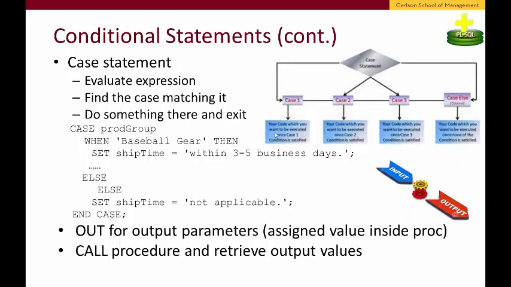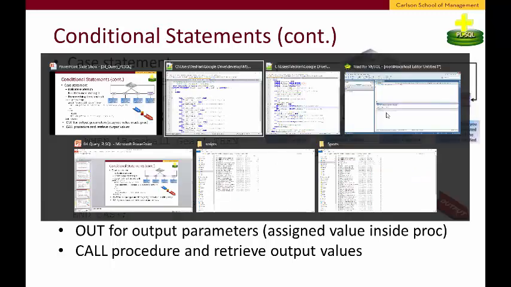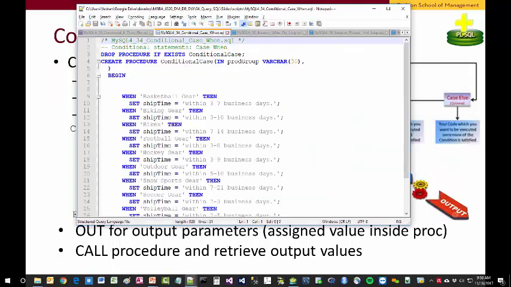If there are 3, 4, 5 cases. The code in MySQL 34 conditional case, the file I just showed you a second ago, shows how to set up the case statement for 10 or so product groups, displaying the message based on which group is selected. It also uses the out parameter to return one or more results from the procedure. In this case, I believe it is returning just one.